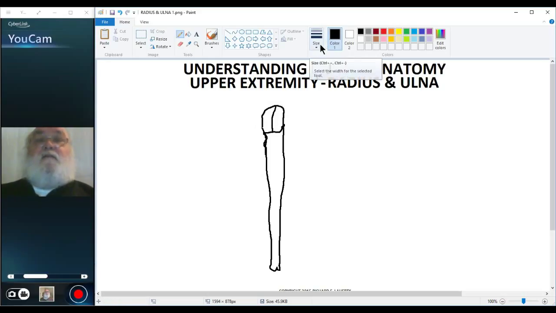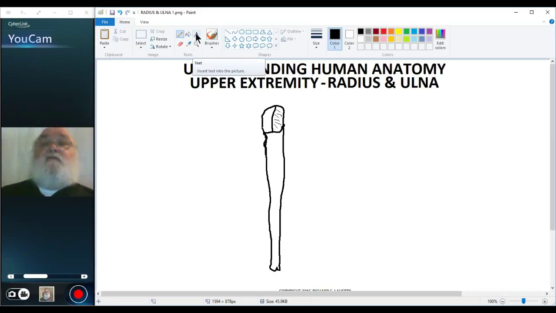The ulna has a deep groove to fit in the trochlea. Now, let's add some labels.